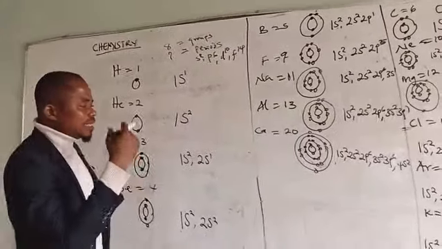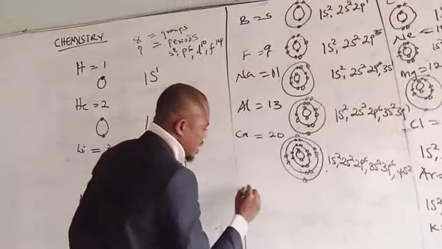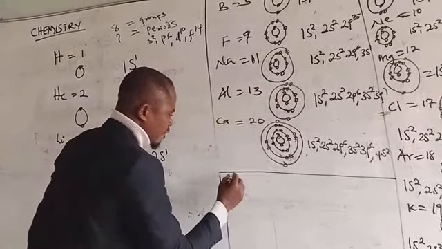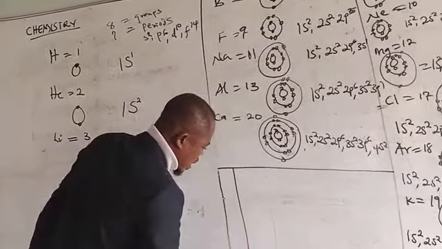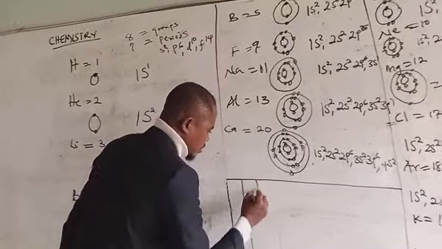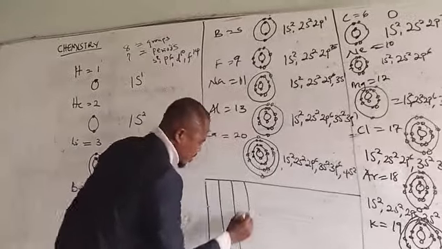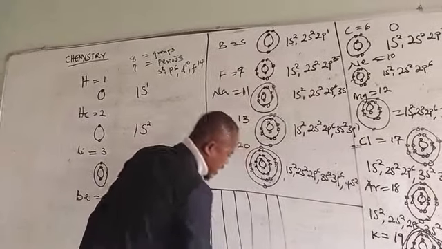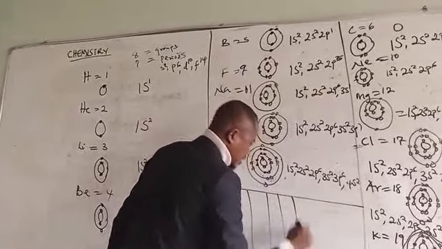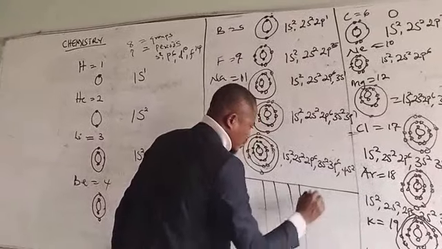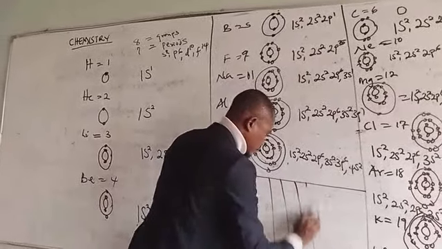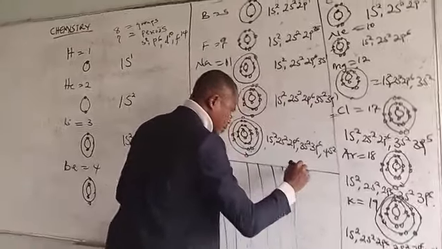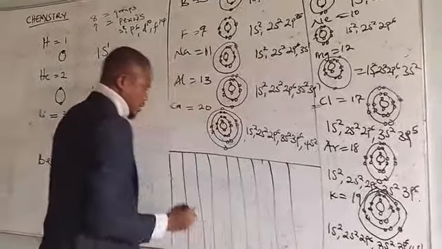Now, we say the periodic table has 8 columns. So we're going to have 1, 2, 3, 4, 5, 6, 7, 8.